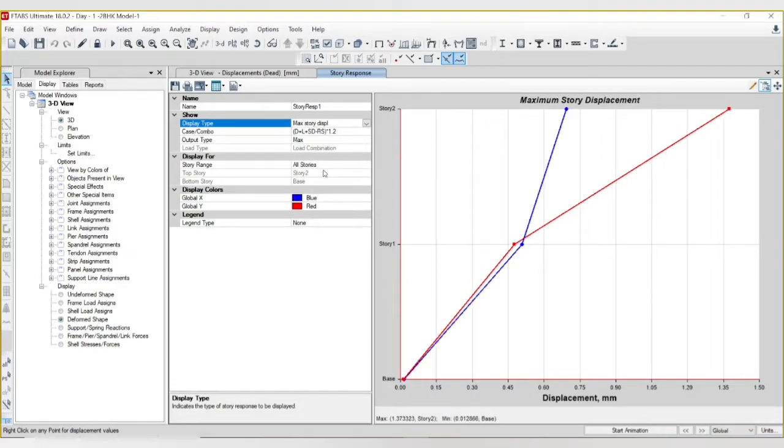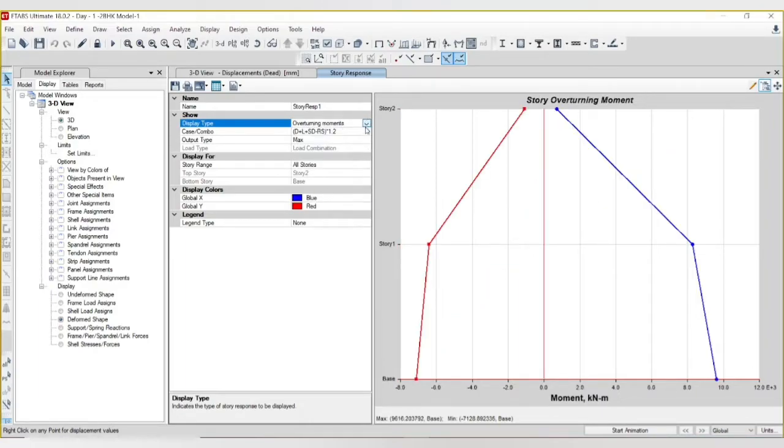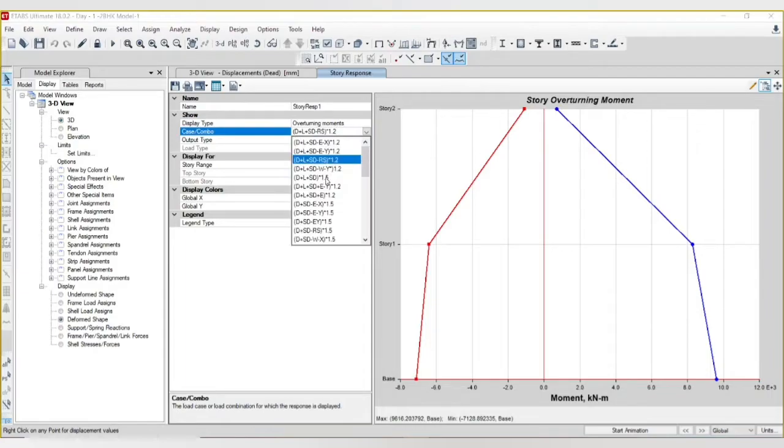Maximum story displacement, you can see 1.35 mm of displacement is occurring at the second floor. Like that, you can check the combinations. For all the combinations, you can check the values.